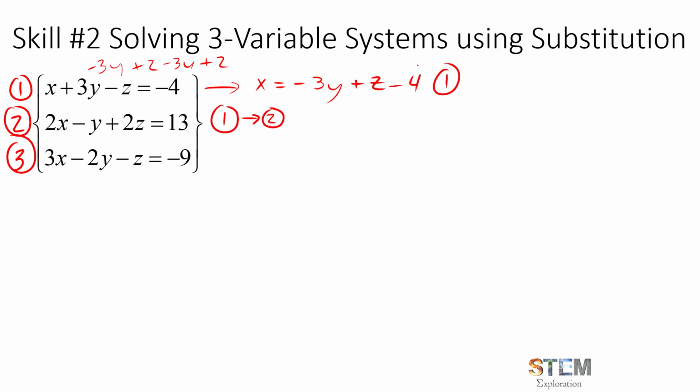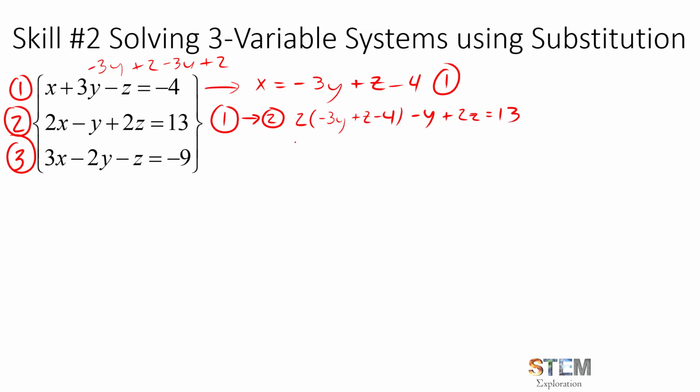I'm going to substitute this in for x into equation 2. So I can say 2 times (-3y plus z minus 4), minus y plus 2z, all equal to 13.